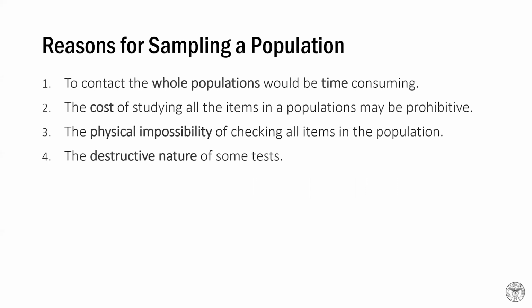Even if time is not a problem, it could be too costly to study the whole population, for example, finding all potential consumers' preferences of smartphones. Sometimes it is physically impossible to check all items in the population, such as fishes in the Pacific Ocean. Finally, some tests are destructive, such as some medical tissue type tests.